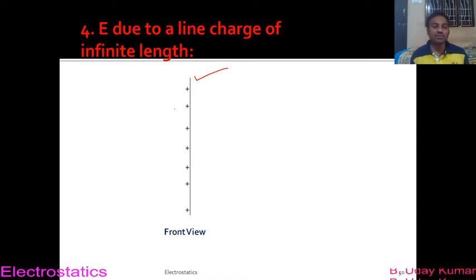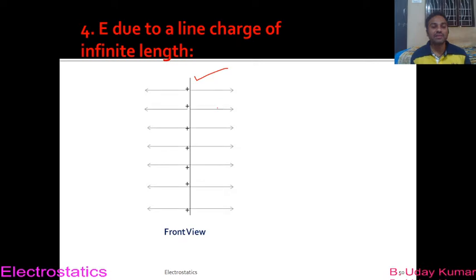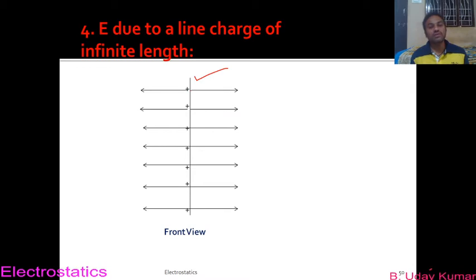So for this system of line charge, the electric lines of forces will be like this. Diagrammatically, they are always directed outwards, and hence they will be traveling outwards from the line charge itself.